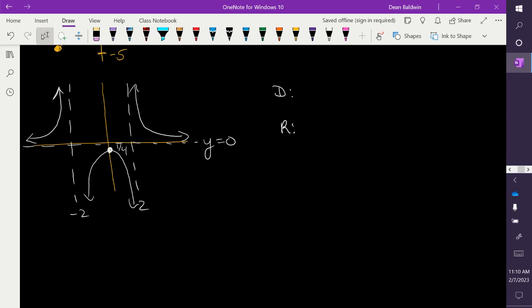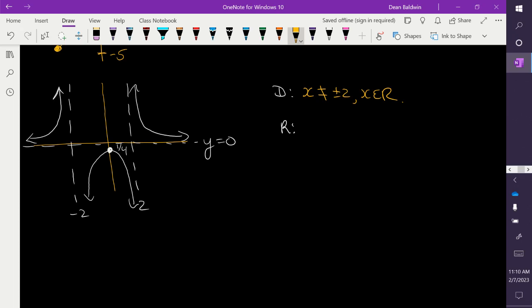Okay, are we ready? Domain. Just tell me in words, because the interval notation is going to be a little weird. What is x not allowed to be? Let's start with that. -2 and 2, right? Those are the vertical asymptotes. So you could write it like this. You go x is not allowed to be ±2, but it can be anything else.